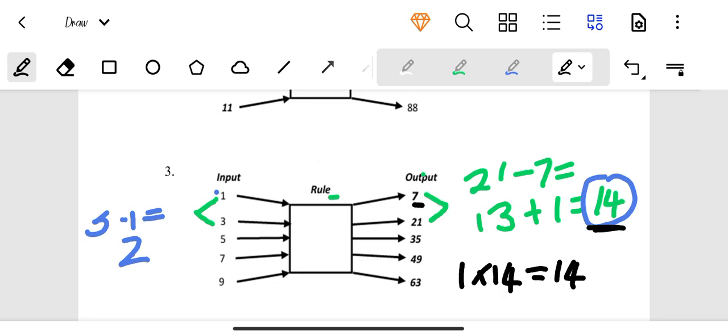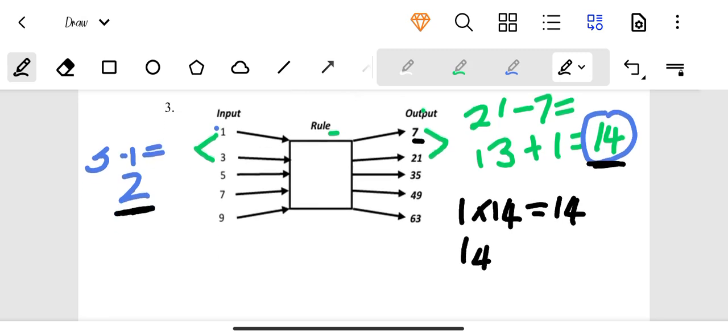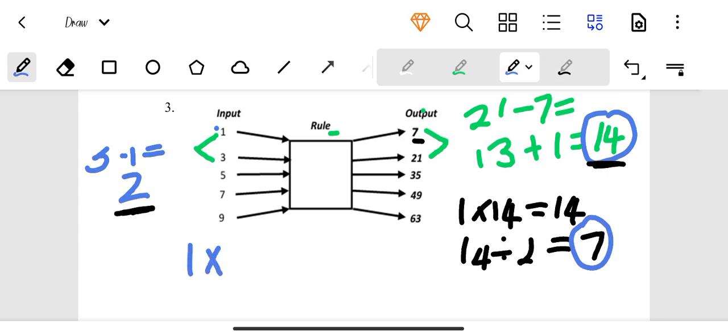But since we have the input difference of 2, we can simply say 14 divided by 2, which is going to give us 7, and then use 7 as our rule. If we say 1 multiplied by 7, the answer is 7, the correct output.